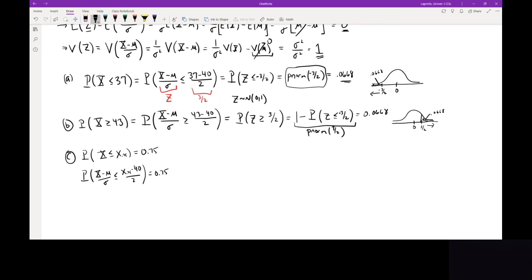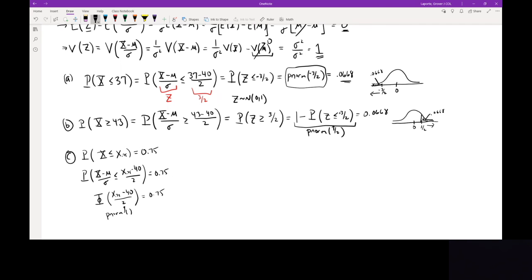And this would be the standard normal of x 0.75 minus 40 over 2. So this would be p norm of whatever's in here. But the problem is we don't have numbers to go in there right now. So what we want to do is the inverse. I talked about that earlier.